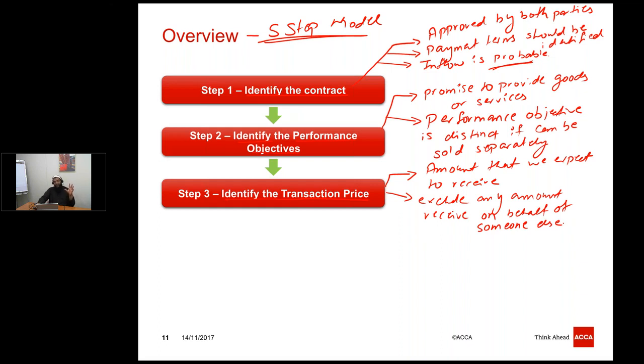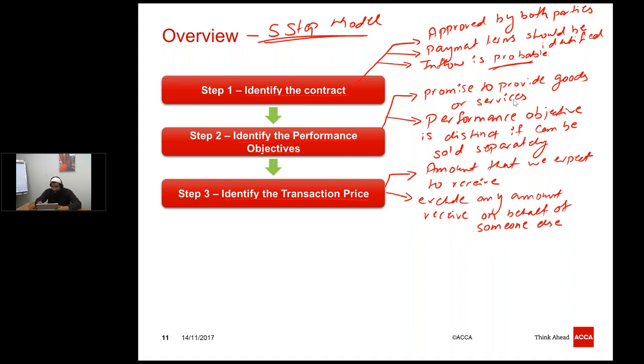So for example, any product, if you purchase from the market, does that product include the sales tax, the value added tax, VAT? If you go into the market and you purchase anything, are you going to pay the sales tax as well? The answer is yes. You would be paying the sales tax as well.